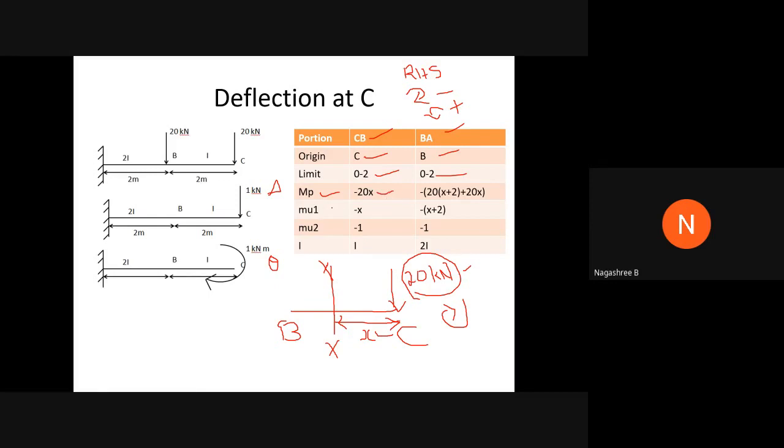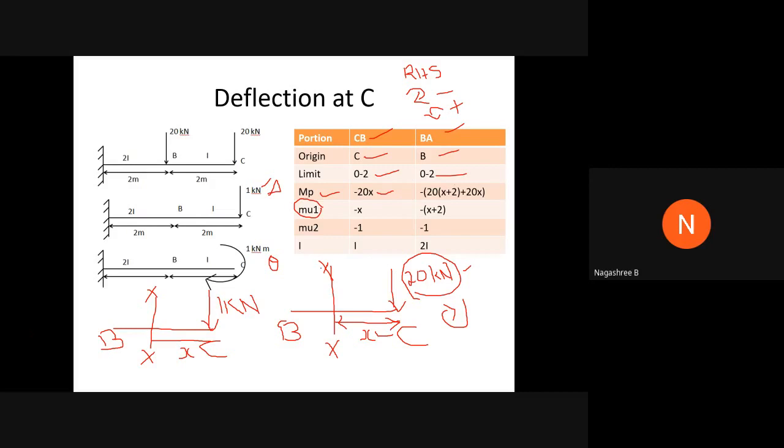To calculate the moment due to unit load, in the second case, we again take the section only for the BC or CB part. Again take the section XX at a distance of small x from C, and this is a 1 kilonewton load.